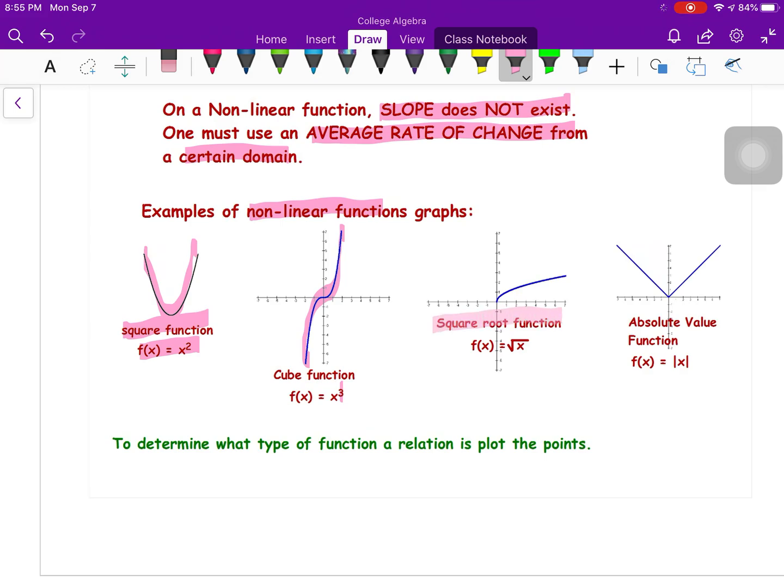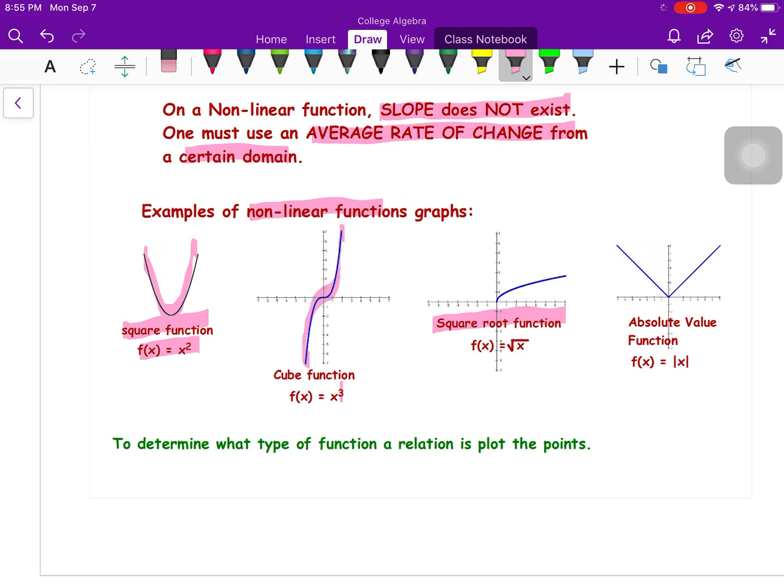Another example is a square root function. Now this one does not have an exponent on it, but you can only have slope in a linear function. So this is nonlinear because I am square rooting.